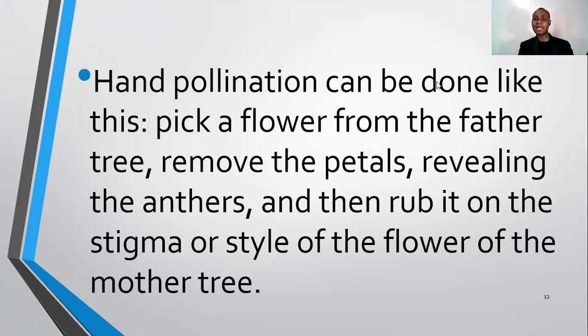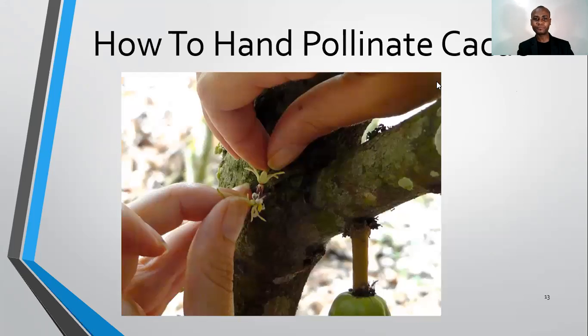So that is cross pollination, and we do it by hand. It looks like this in this photo. Here, you see this flower has been picked, and then it comes here and rubs the anther on the flower of this one. So this will grow into a pod after being fertilized.